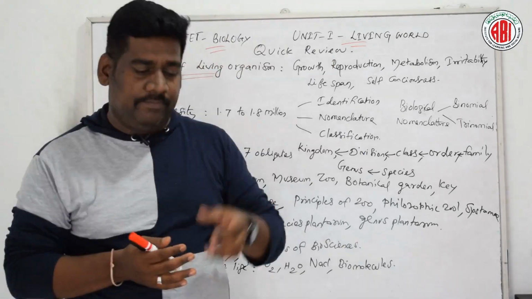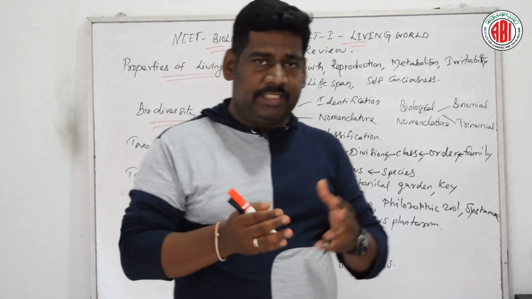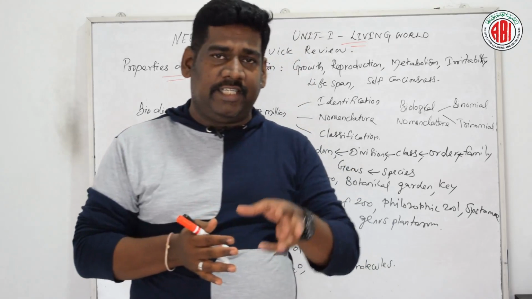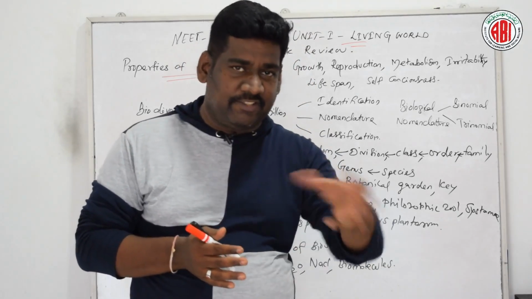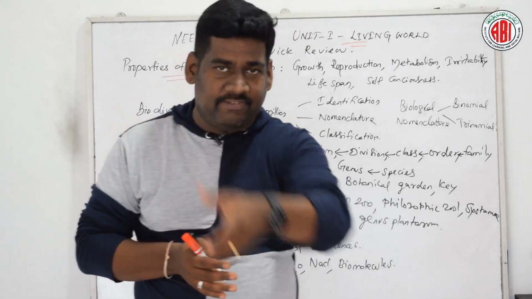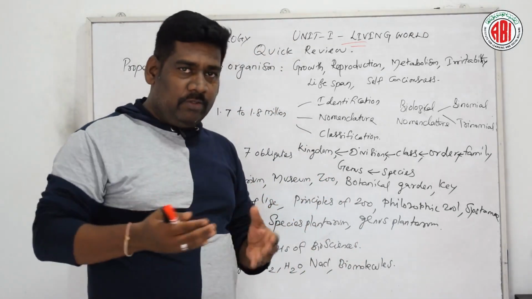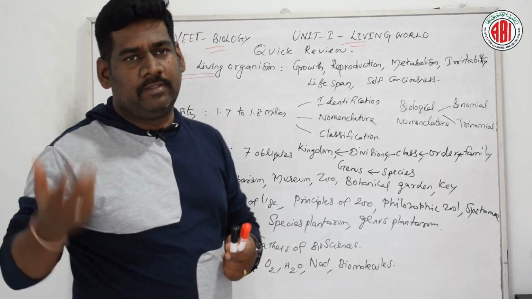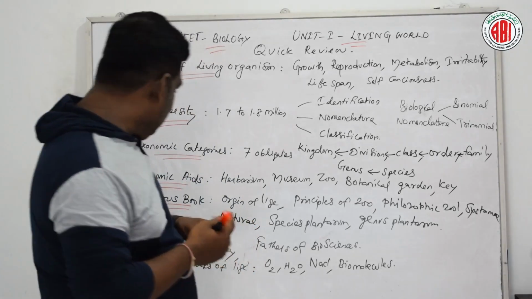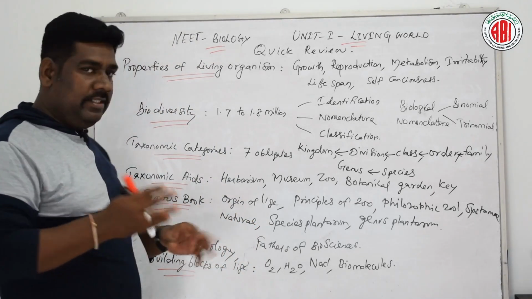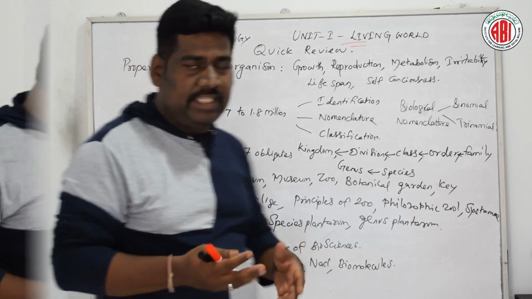These are volumes that describe in detail different species of plants and animals, and that credit goes to Carolus Linnaeus. Those are the different famous books we discussed.